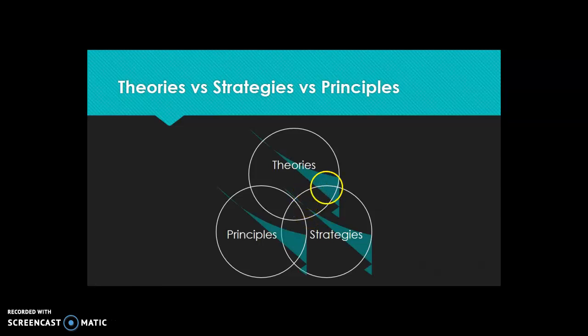For instance, theories and principles. Then, in the unshaded areas, list characteristics for the term that just apply to that term alone. Pause the video while you complete the diagram.